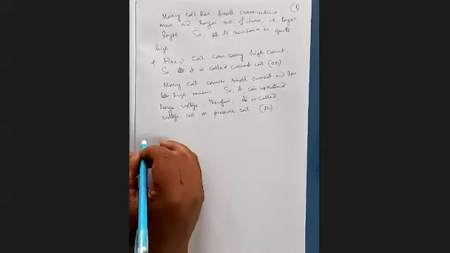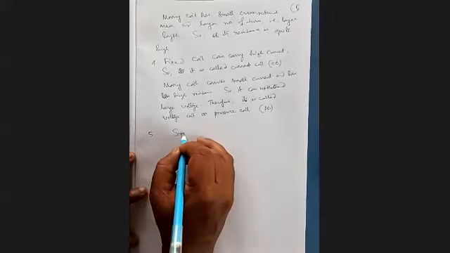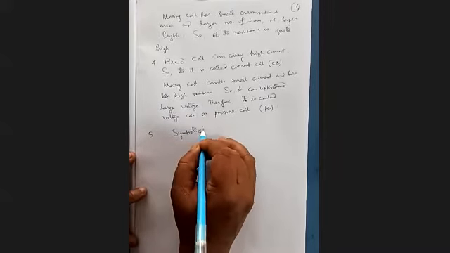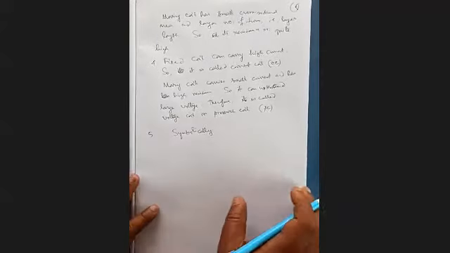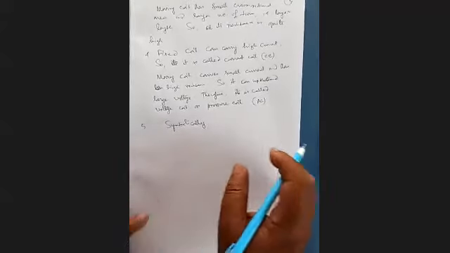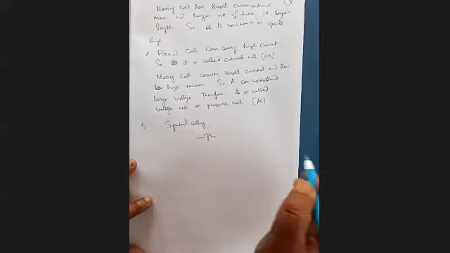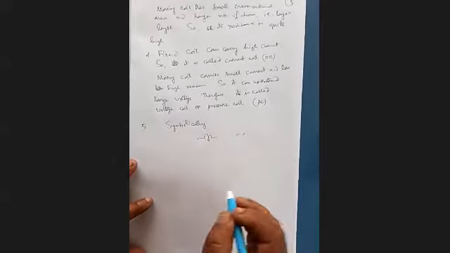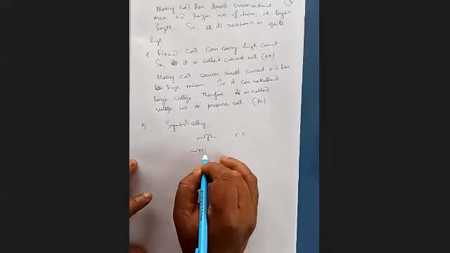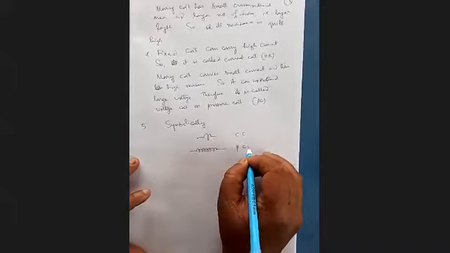So it is the fixed coil and moving coil. We also call it a current coil and pressure coil. Symbolically, how to represent them? A current coil has a smaller number of turns. We show it that way. So it is our current coil. And the pressure coil has a large number of turns. We show it this way.